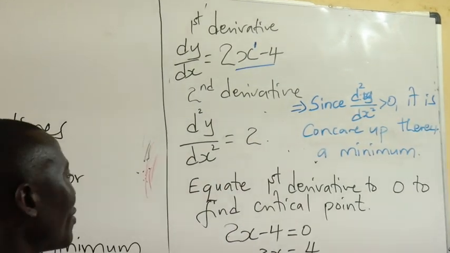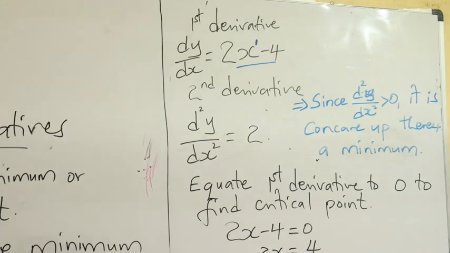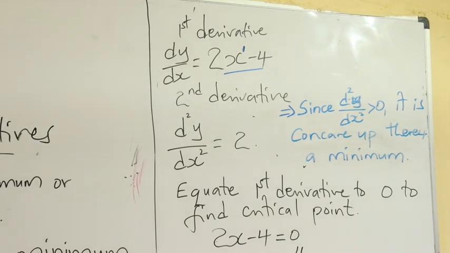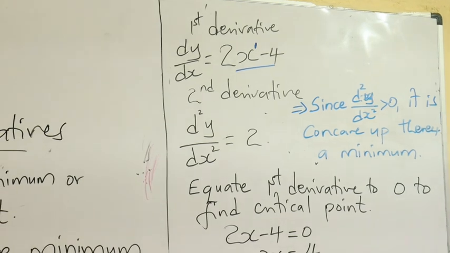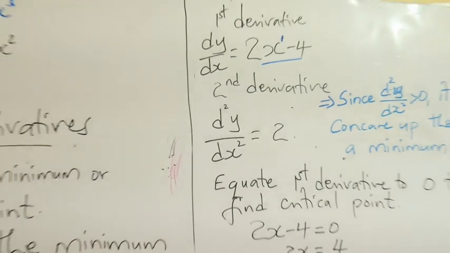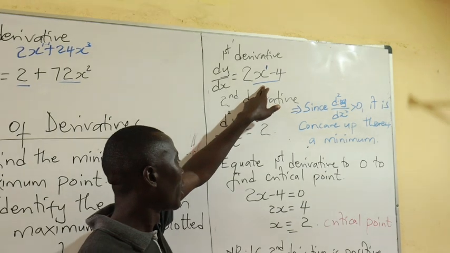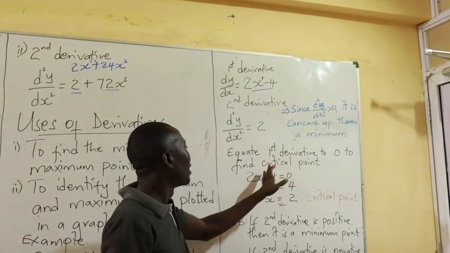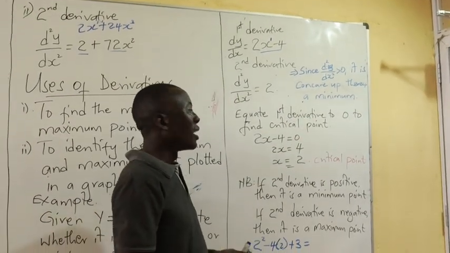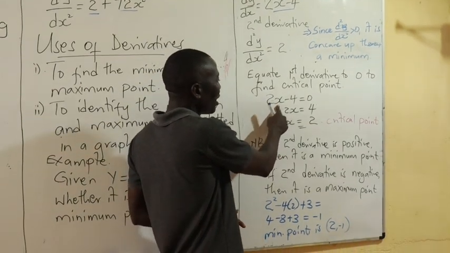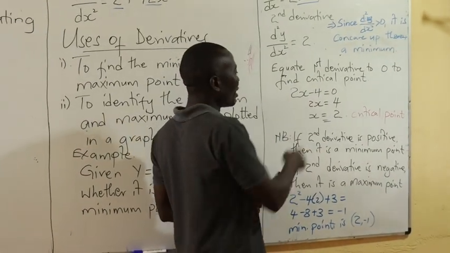How then will we be able to state whether this is a maximum or minimum, as we have been asked in our particular question? Then we will use the first derivative to find the critical point. How do we do that? We equate the first derivative to 0.